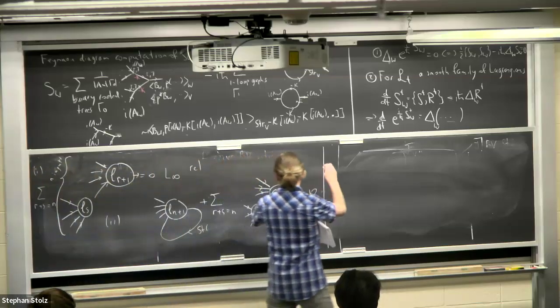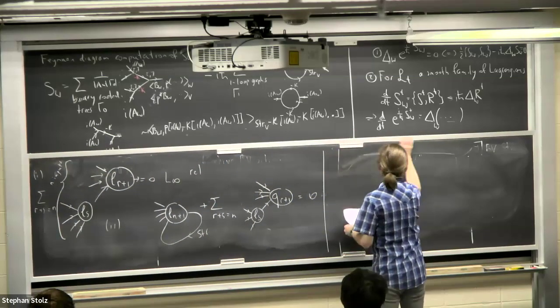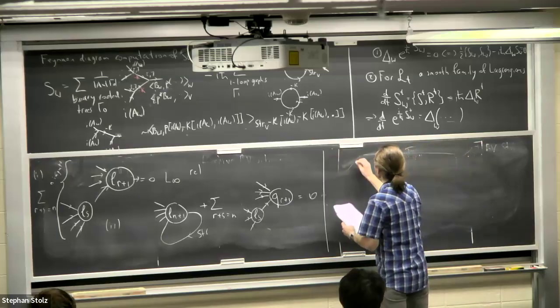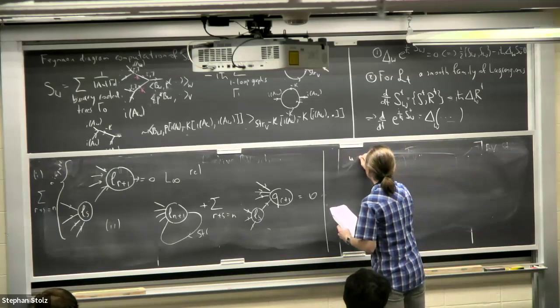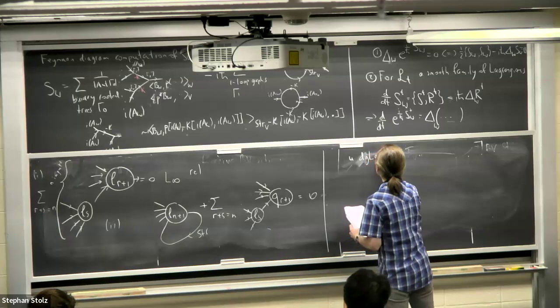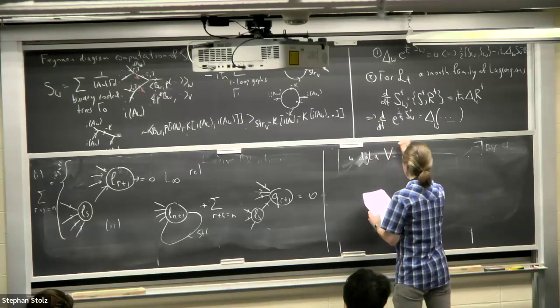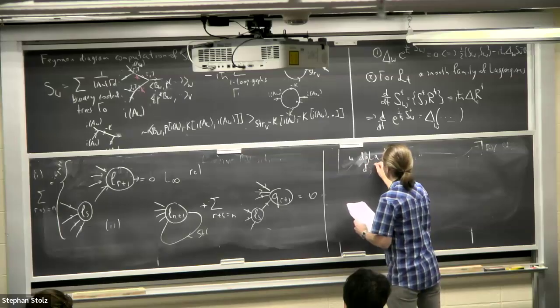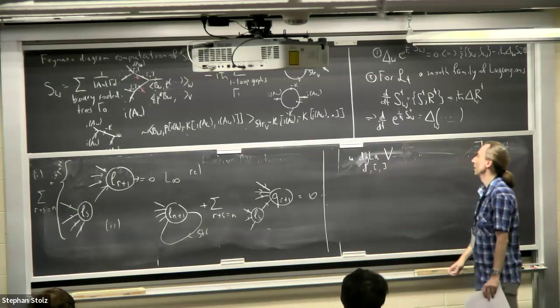So the logic is the following. We started with a unimodular differential graded Lie algebra V, with its operations: there were two operations, the differential and the bracket.